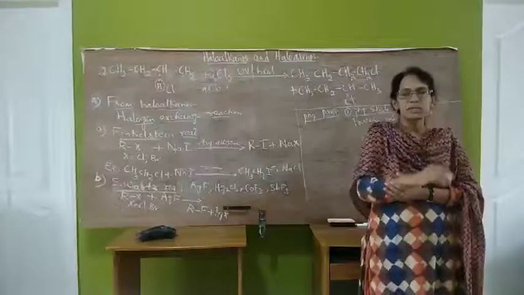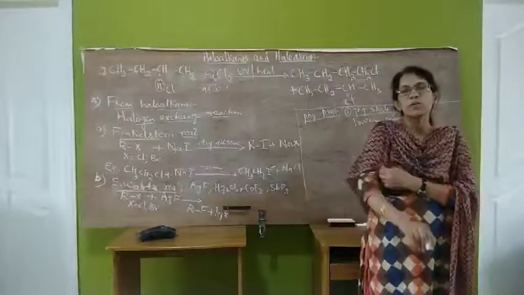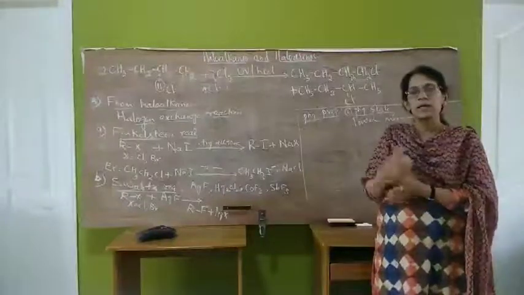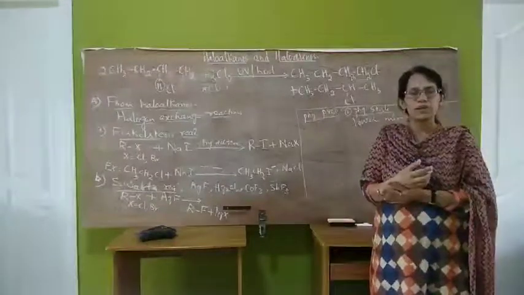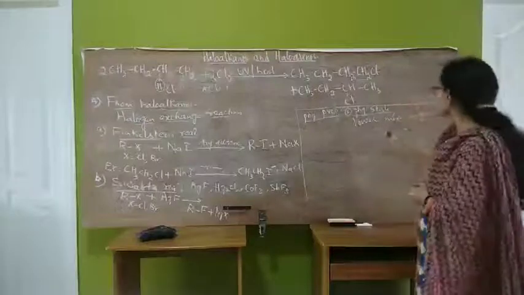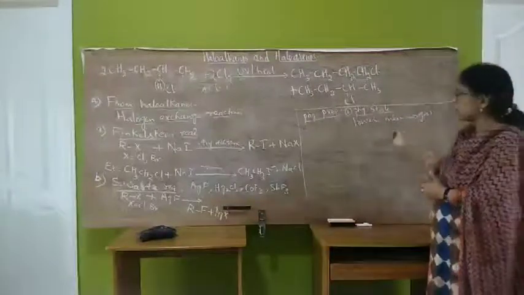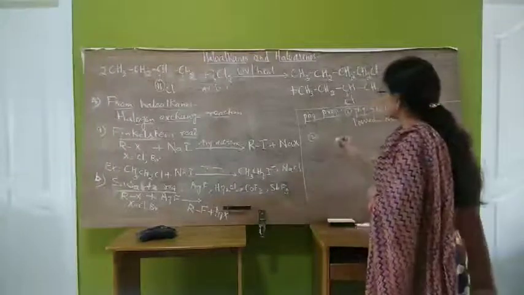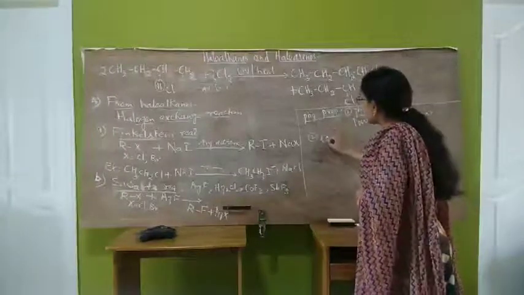Why are the higher members solids or liquids? This is because with increase in number of carbon atoms, intermolecular force of attraction increases, hence they exist in solid or liquid state. Next physical property is color and odor.